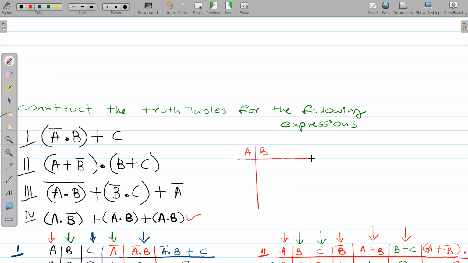So that means only four combinations can happen: 0, 0, 0, 1, 1, 0, and 1, 1. Right? So this, of course, will help you to determine what kind of columns that you need to prepare.